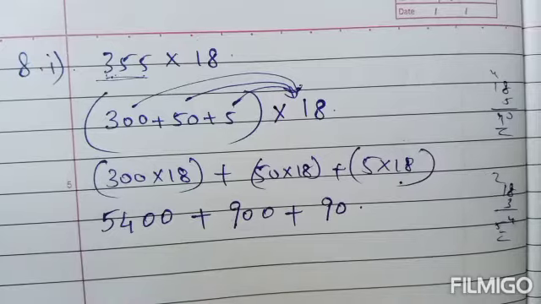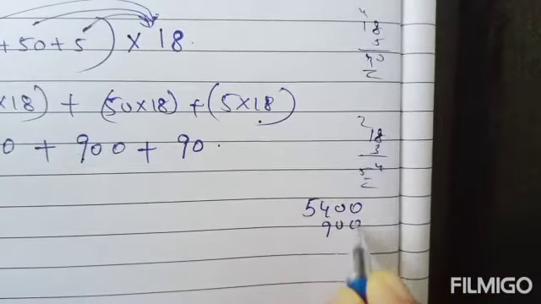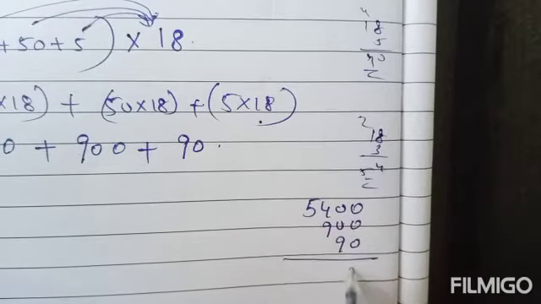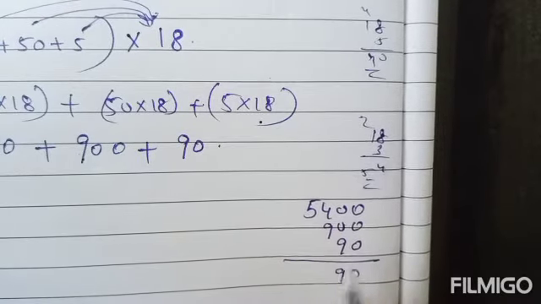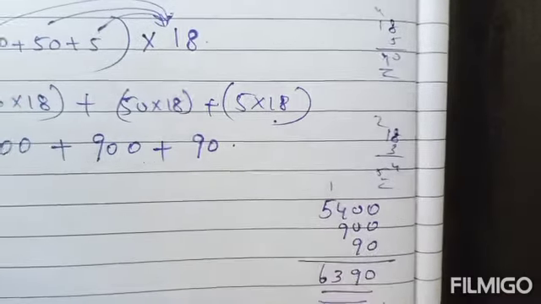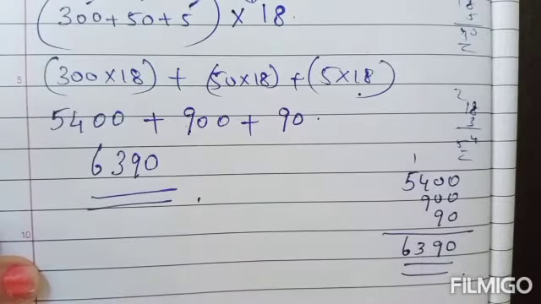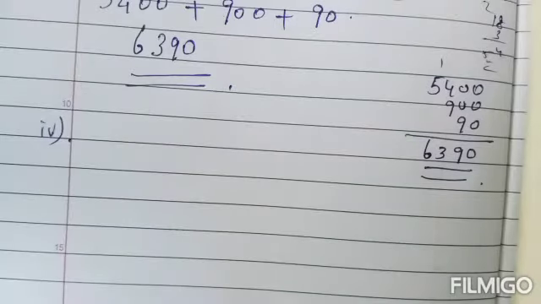Now you can add this: 5400 plus 900 plus 90. Here 0, 9, 9 plus 4, 13, 5 plus 1, 6. The answer will be 6390.